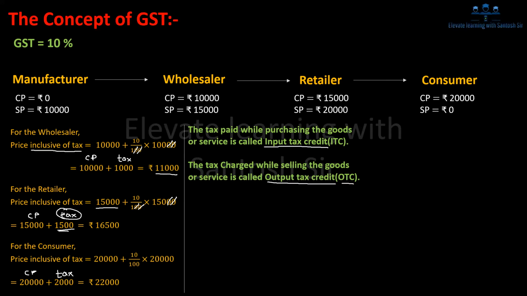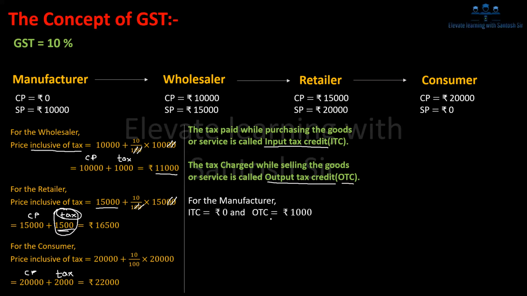In the same way, this 1500 rupees is nothing but the output tax of the wholesaler, but input tax of the retailer. Let us understand it more clearly. For the manufacturer, as we don't know from where he purchased, we are considering his input tax to be zero.